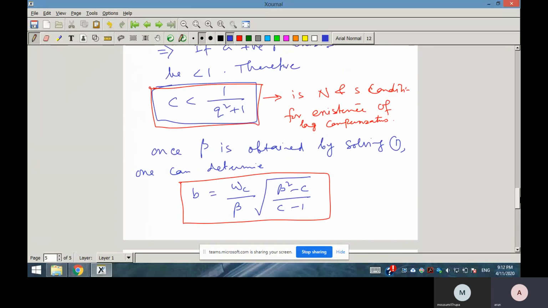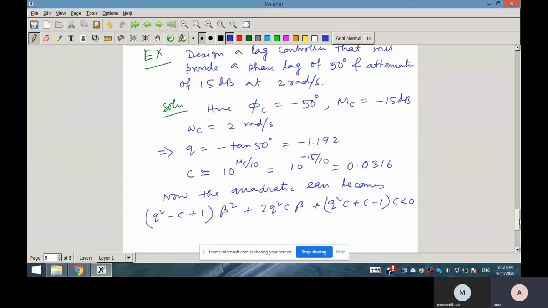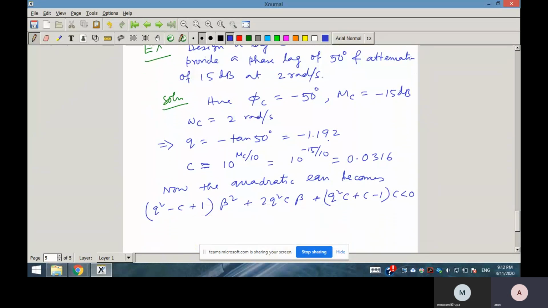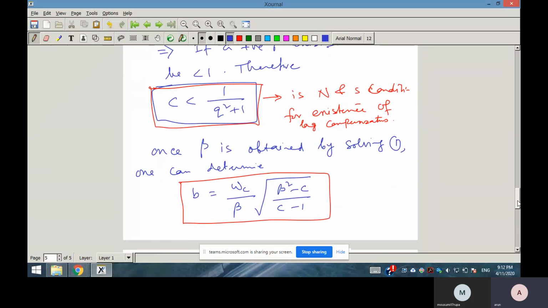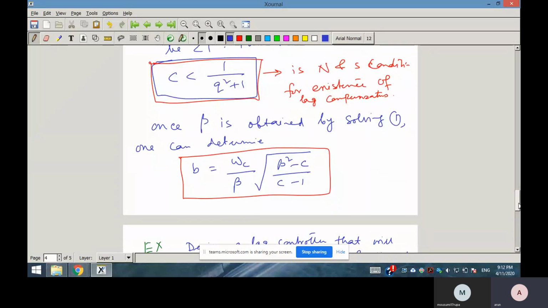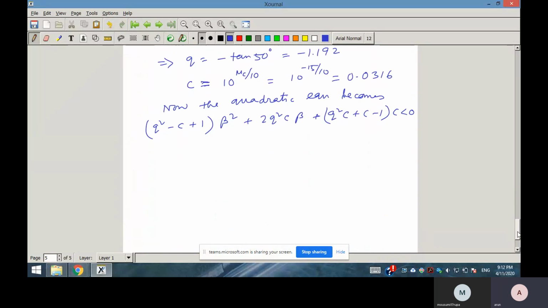q square plus 1 is 1.192 whole square plus 1, so approximately just greater than 2. So 1 divided by q square plus 1 is about 1 by 2, that means 0.5, and C is 0.0316. So this is much less than 0.5. So the necessary and sufficient condition for existence of the lag controller is satisfied.